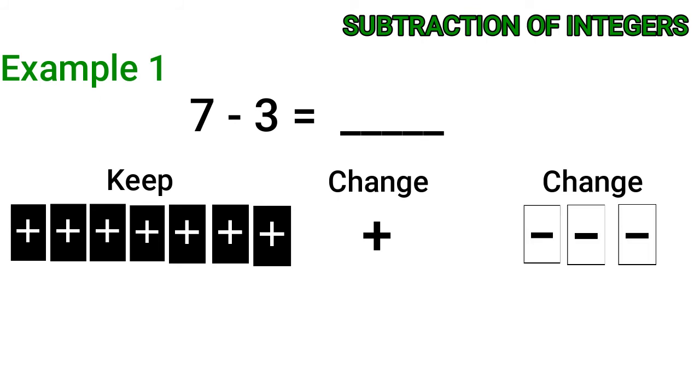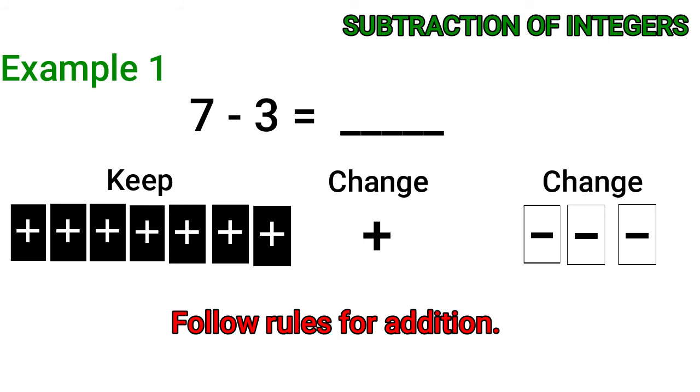After that, we will follow the rule of addition. Since they are unlike signs, subtract the integers, then copy the sign of the number with a greater absolute value. Therefore, 7 minus 3 is positive 4.